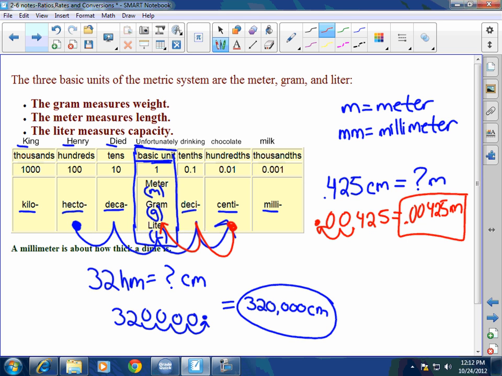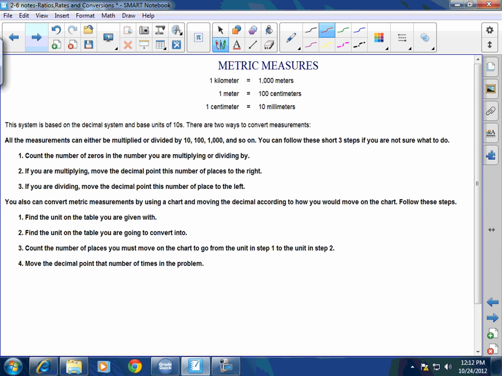You promise? Awesome. Just remember, King Henry died, unfortunately, drinking chocolate milk. And that will help you immensely. And then just remember, locate where you started. Move that decimal place to where you're going. That same movement you do to the actual number that you started with. Now, all of these directions are on this page.